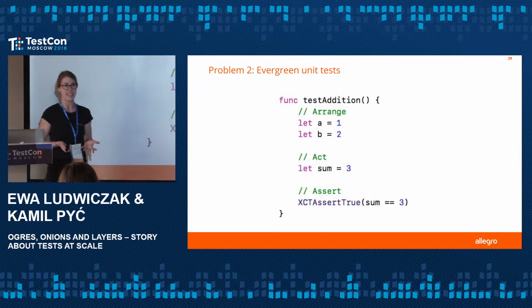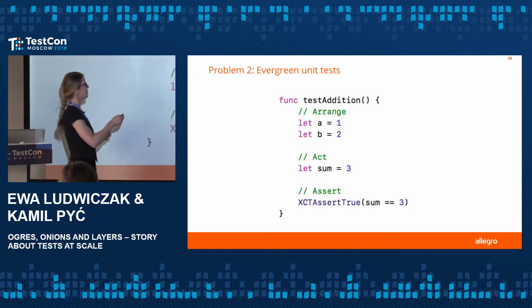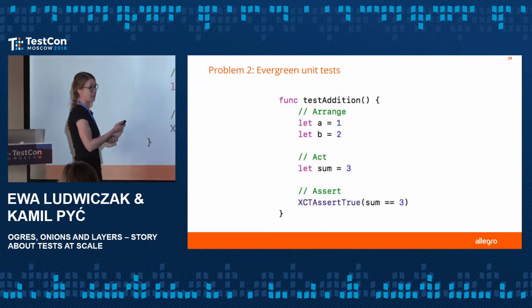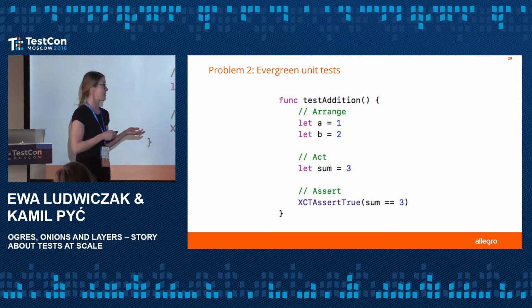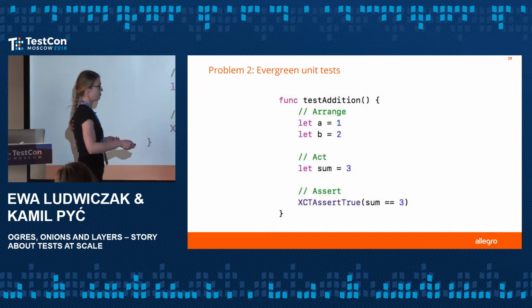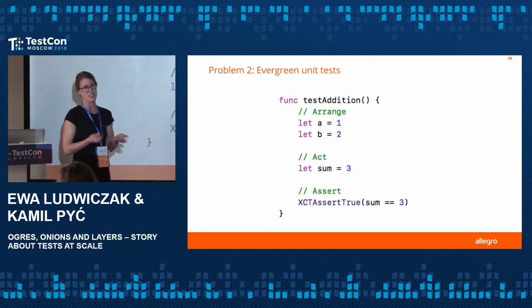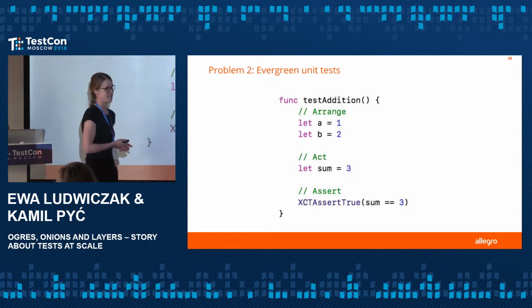We call these kinds of tests evergreen unit tests because what you can see here, these are two constants, but the sum is not the result of the equation. It's just like we say, okay, this constant sum is equal to 3. So we do not check the actual logic. We just check whether the constant equals 3.